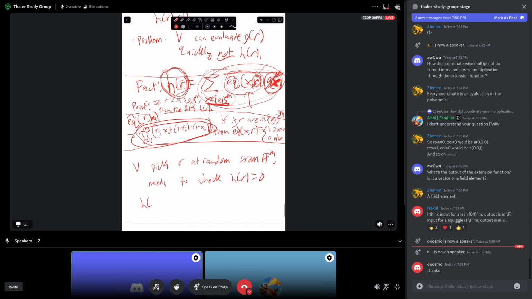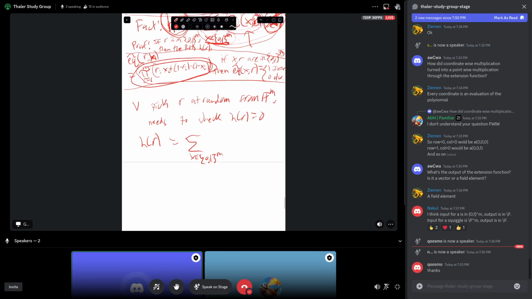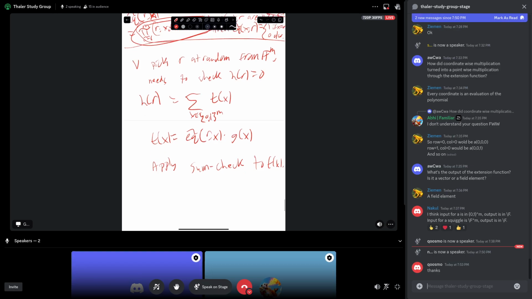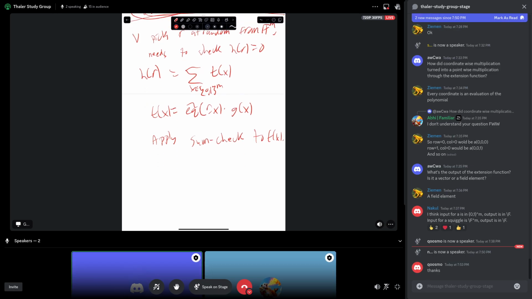But h of r, we just said, is the sum over all x in {0,1}^m of t of x, where t is EQ twiddle of r comma x times g of x. So you just apply sum check to t. And that's it. That's how the verifier computes h of r and confirms that it's 0.